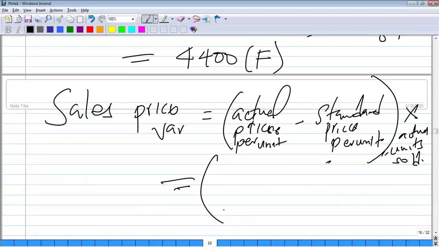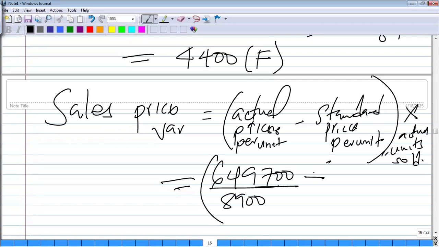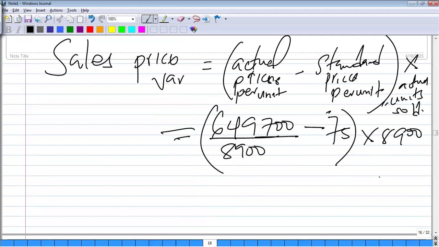Sales of 6,497,700 divided by 8,900, minus the standard price per unit, 75, times 8,900. Let's break this down to decide whether it is favorable or not.